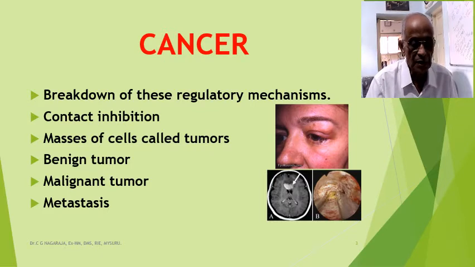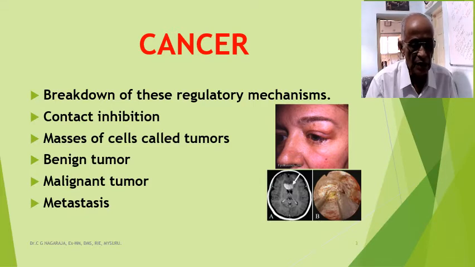As I just discussed in the previous PPT, breakdown of the regulatory mechanisms in the body, especially in the cells, will produce the cancerous cells. Now, normal cells have a capacity called contact inhibition.